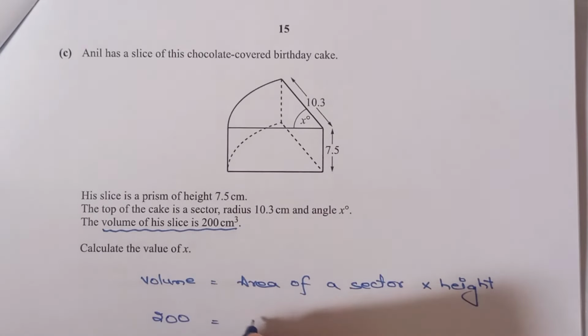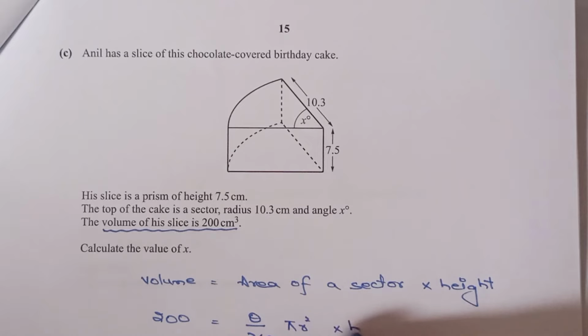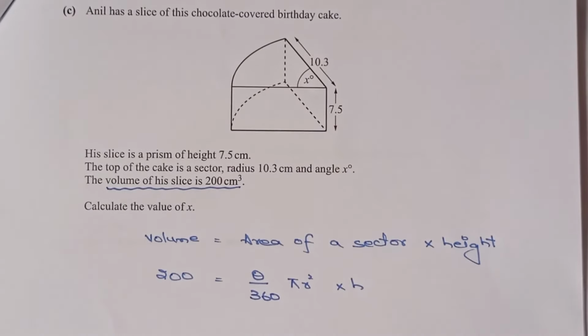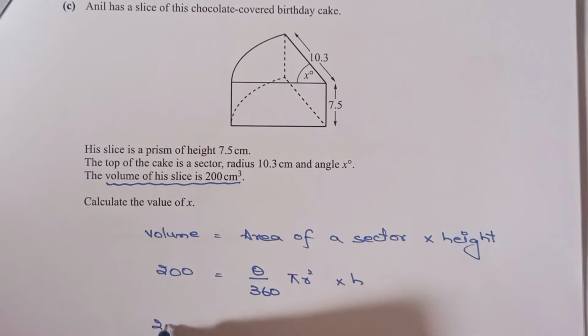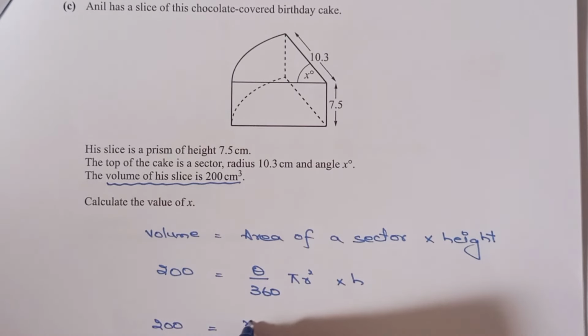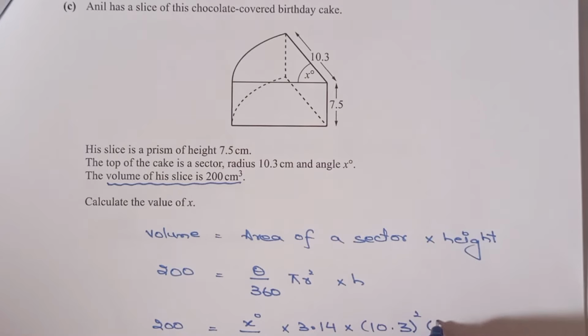Area of a sector is theta divided by 360 times pi r squared, times height h. So 200 would be equal to x degrees divided by 360 times pi, which is 3.14, the radius now is 10.3 squared and the height is 7.5.